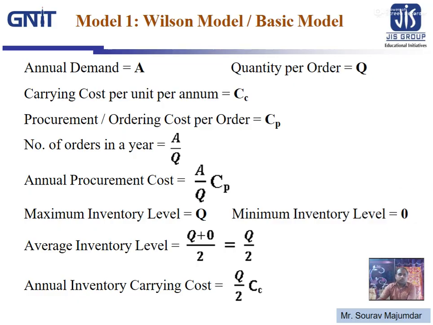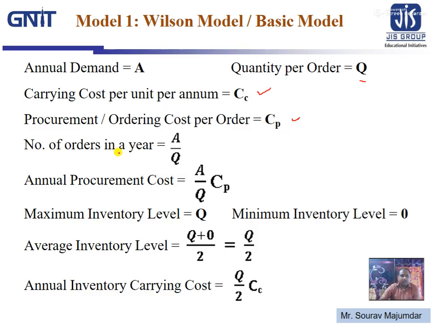Now come to some basic assumptions. Suppose we assume that annual demand is A and our order quantity per order is Q. Carrying cost is expressed by CC, and procurement cost or ordering cost is expressed by CP.